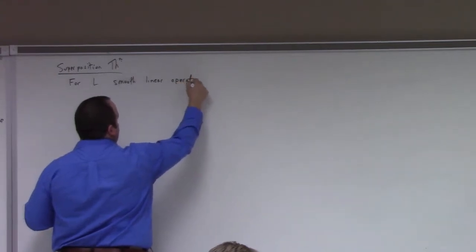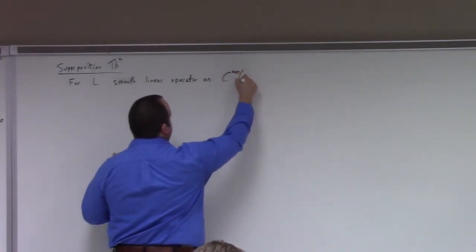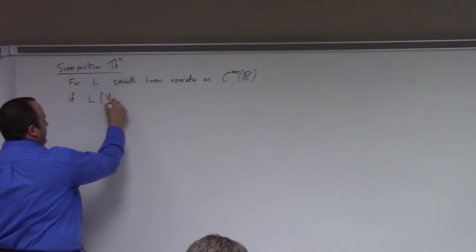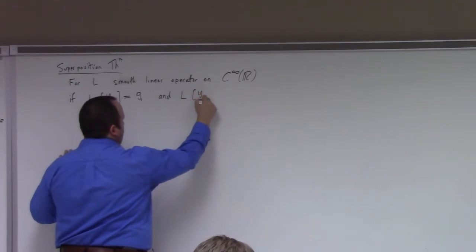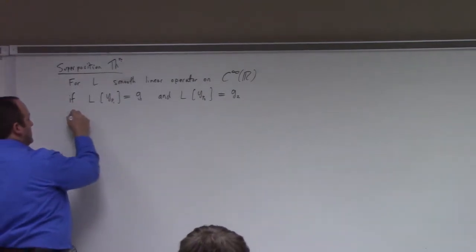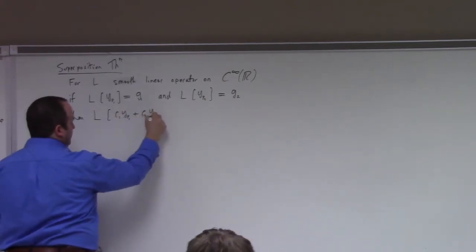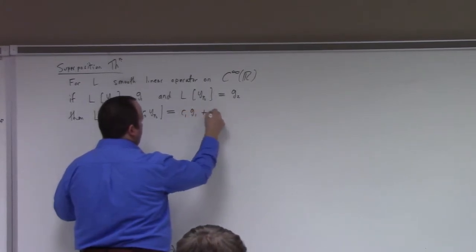What I mean by that is that it takes in a smooth function and outputs a smooth function, and it's also linear, a smooth linear operator on C infinity of R. If L of, let's say, yp1 is equal to g1, and L of yp2 is equal to g2, then L of c1 yp1 plus c2 yp2 is equal to what? Yeah, c1 g1 plus c2 g2.